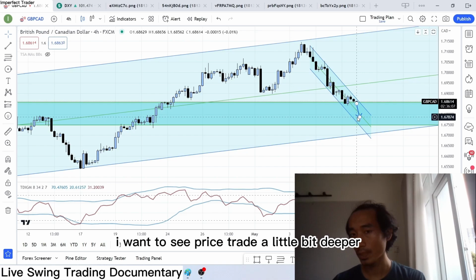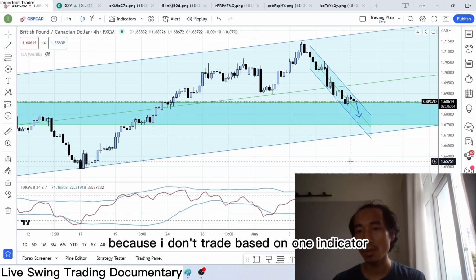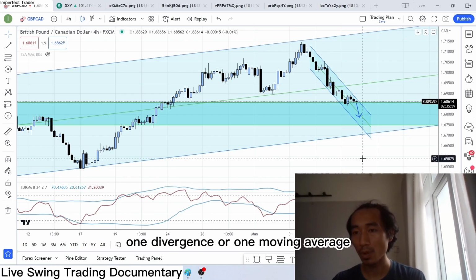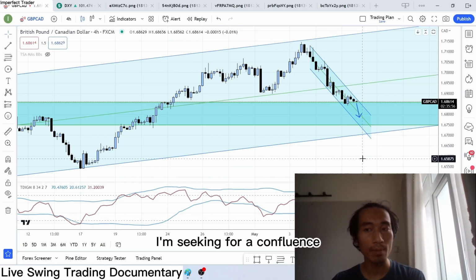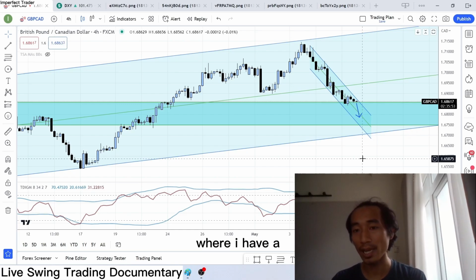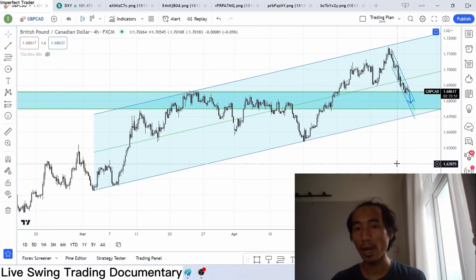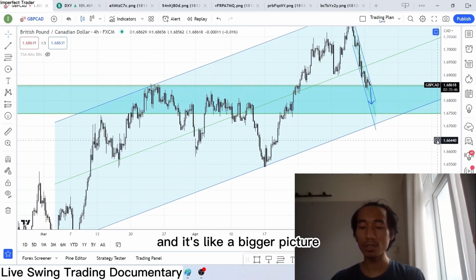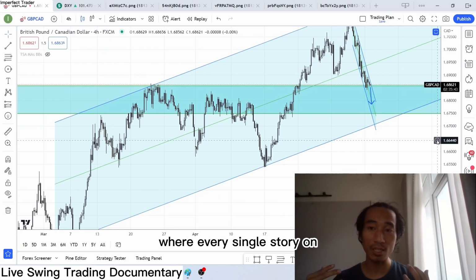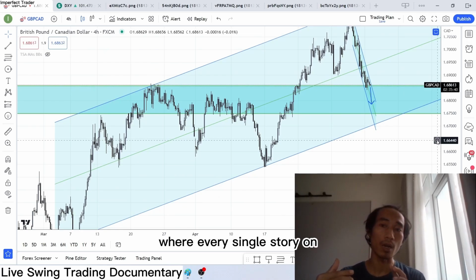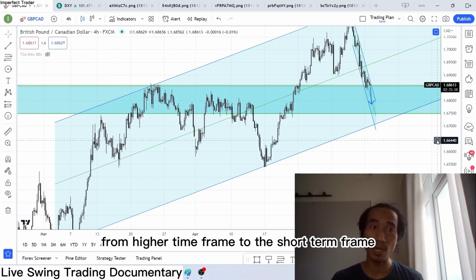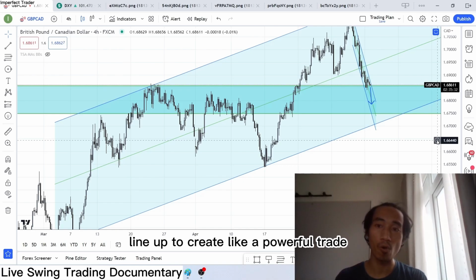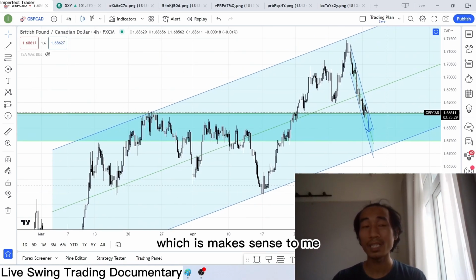I want to see price a little bit deeper because I don't trade based on one indicator, one divergence, or one moving average. I am seeking confluences where I have some kind of structure, a trend line, a channel, and a bigger picture where every single story from the higher time frame to the short-term time frame lines up to create a powerful trade, which makes sense to me.